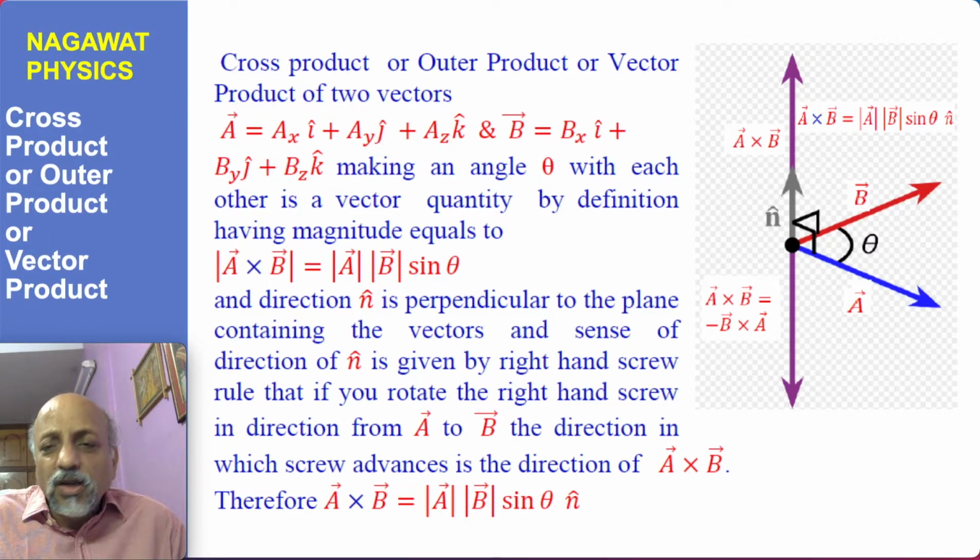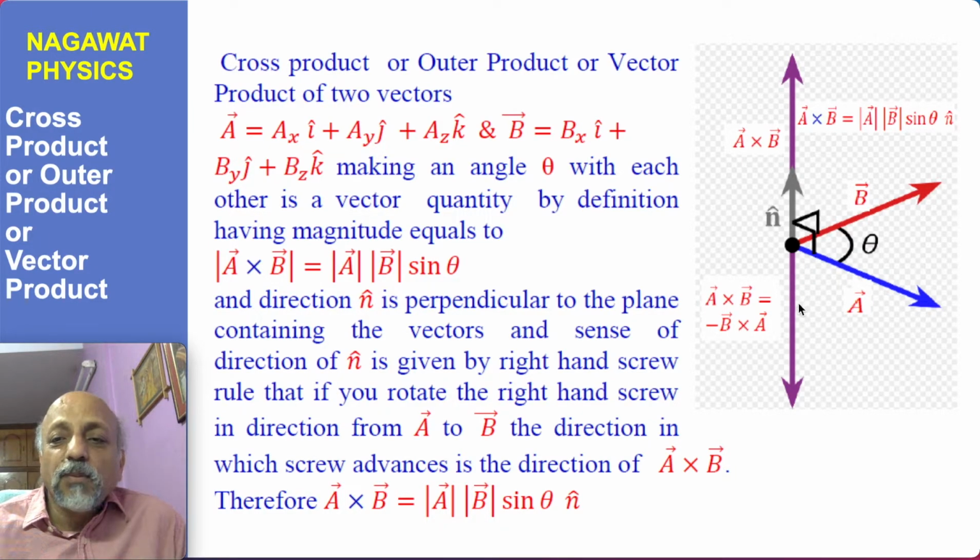And definitely from this convention, the sense of direction is determined by the right hand screw rule. If I am rotating from A to B clockwise or anti-clockwise, then the rotation from B to A would be opposite. In the diagram shown here, A to B is anti-clockwise and the direction of A cross B is upward, shown by unit vector n. So A cross B will point upward, but B cross A will point in the opposite direction, because if A to B is anti-clockwise, then B to A is clockwise.